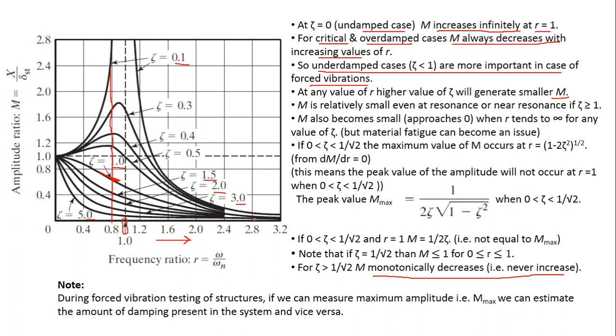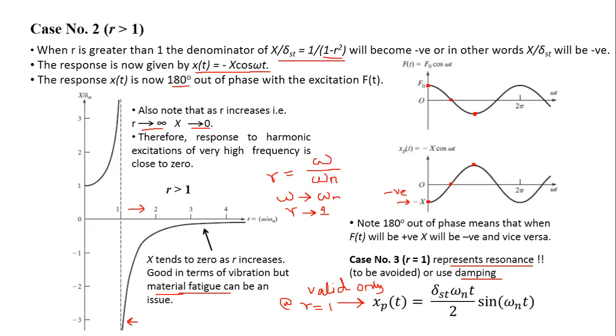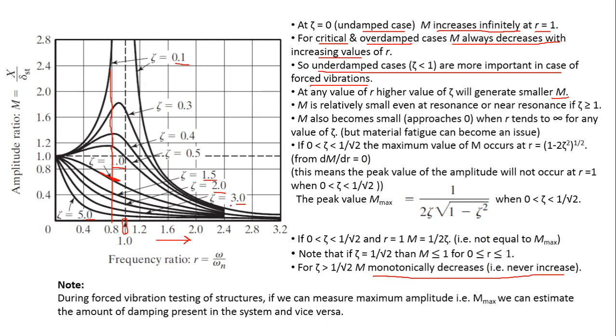And this we have already studied in this case, as you can see here, that when r increases, the amplitude of vibration tends to become zero, and the same thing is written here, and we can notice it here as well.